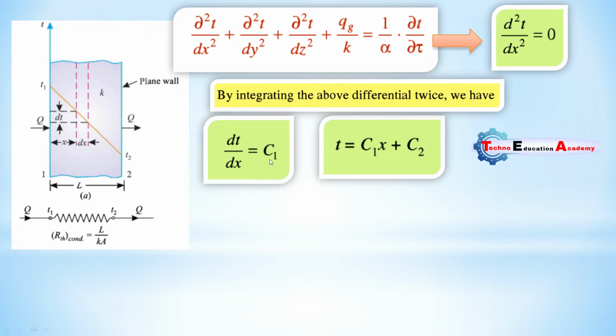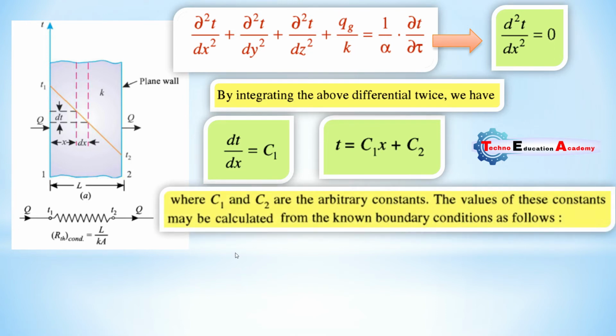And whenever we take the integration again on the left and right hand sides, dT means differentiation and integration, so it cancels out, so the only remaining term is T, and the integration of dx is x, plus C2 constant, where C1 and C2 are arbitrary constants.